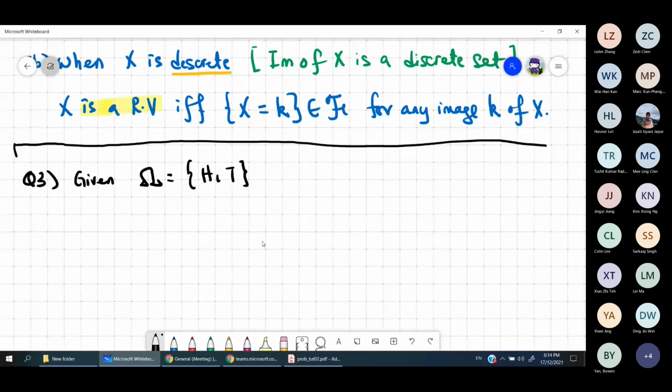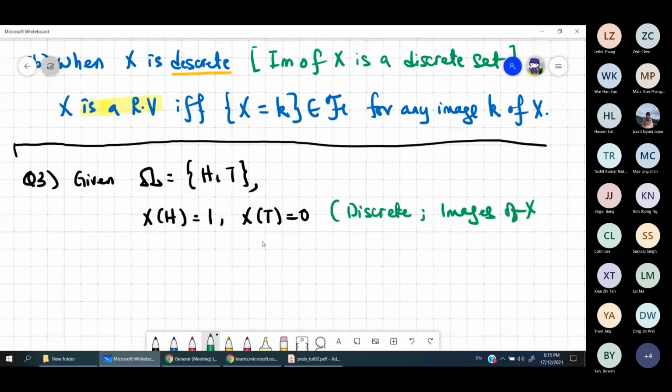Also given X(H) is equal to 1 and X(T) is equal to 0. I think it's clear this is a discrete case. The images of X, there are only 2 of them, which is 0 and 1 only. So that means you just have to test this criterion for 0 and 1.